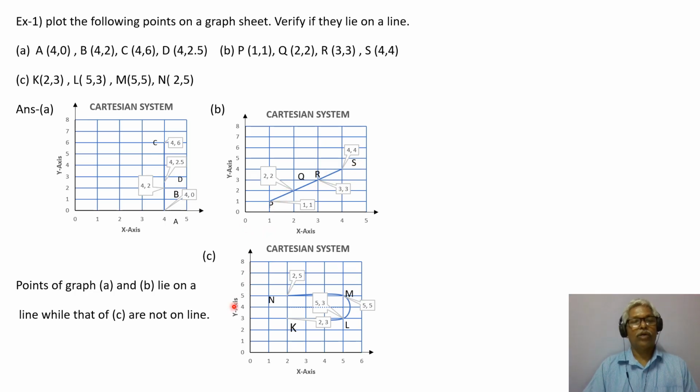Okay, now third one, or C, K is (2, 3). See, this is the system. 2 and 3 will lie somewhere here. Okay, this is K, this is given here.